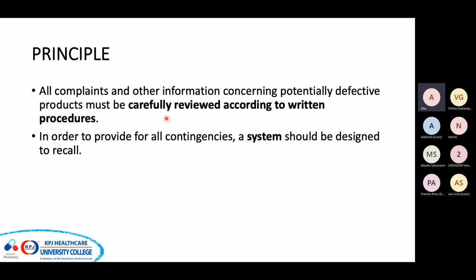When you get a customer complaint for maybe one of your products, you cannot just simply ignore it or think, oh, this complaint is normal, we have received the same complaint many times, so it's nothing. You cannot do like that. It must be carefully reviewed according to the written procedures.